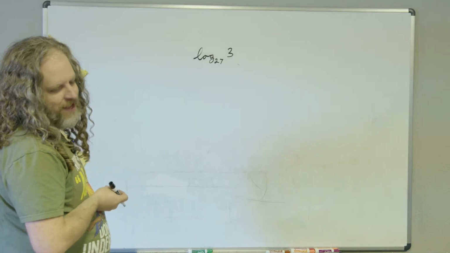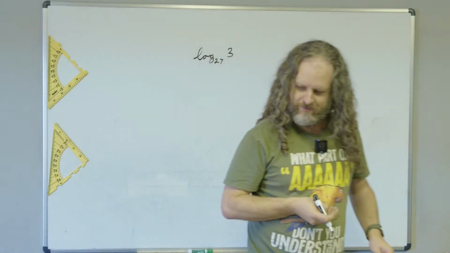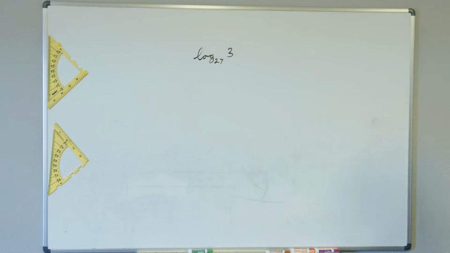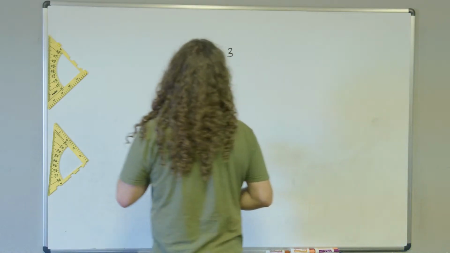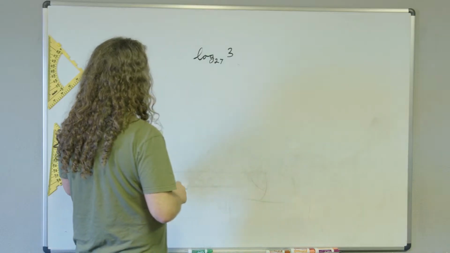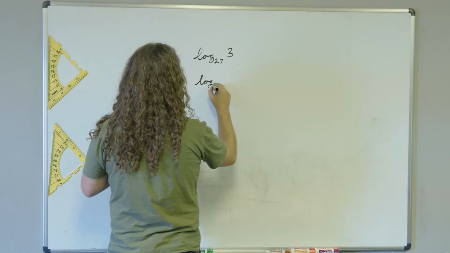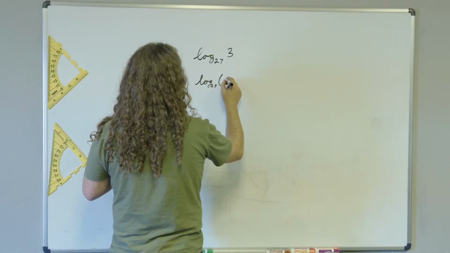Evaluate. Show all your work. So what should we do? 27 to the 1/3 for 3. I agree, because 3 is the cube root of 27. So I'm going to turn this into the log base 27 of 27 to the 1/3. The thing is, I knew that, and I knew it was important, but then I didn't know how to put it there.